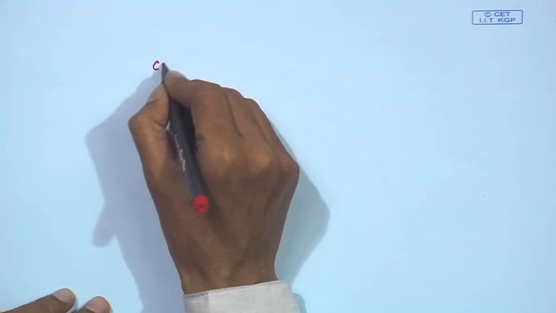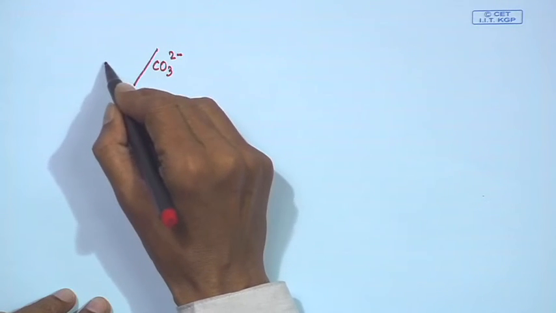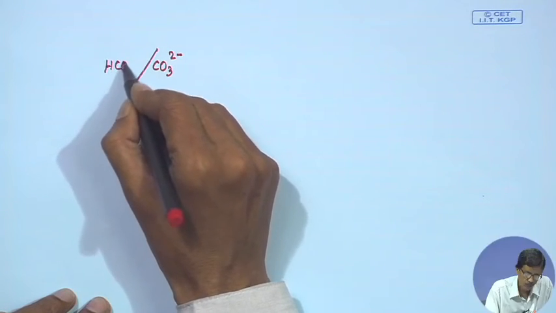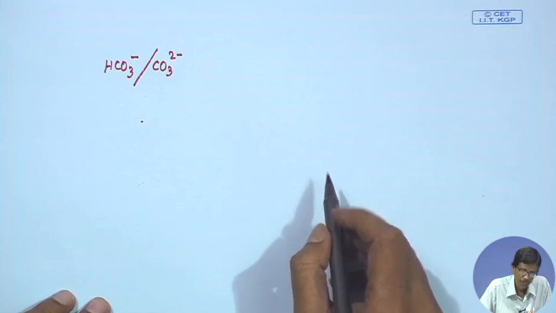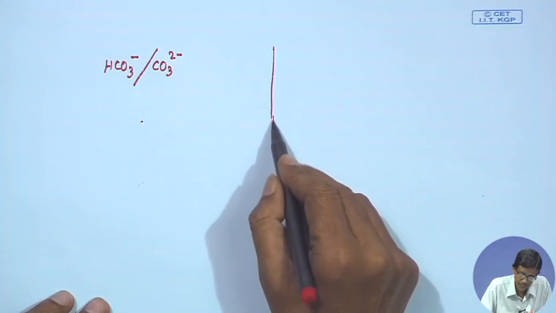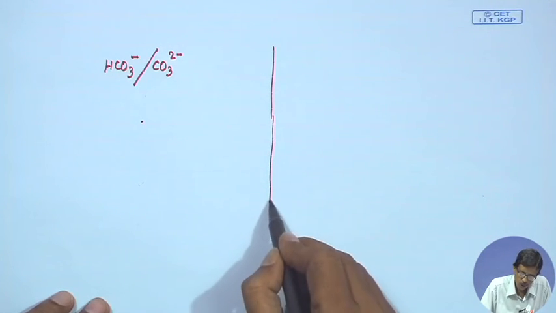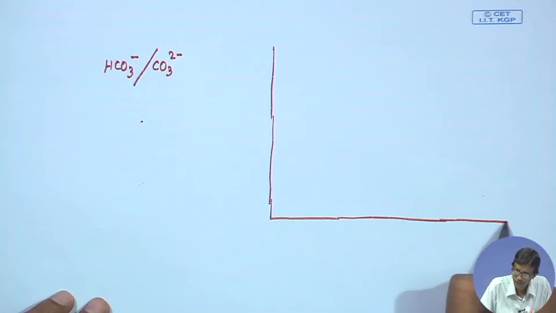That means if you have a carbonate mixture and we are trying to determine both carbonate ions and bicarbonate ions in the mixture, in that case what sort of plot do we get? Because we should always keep in mind the corresponding titration curve.